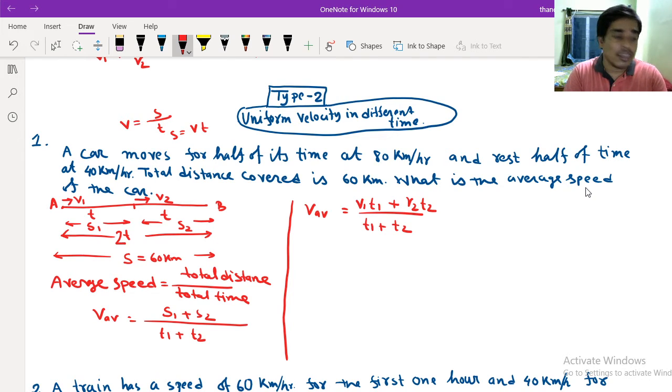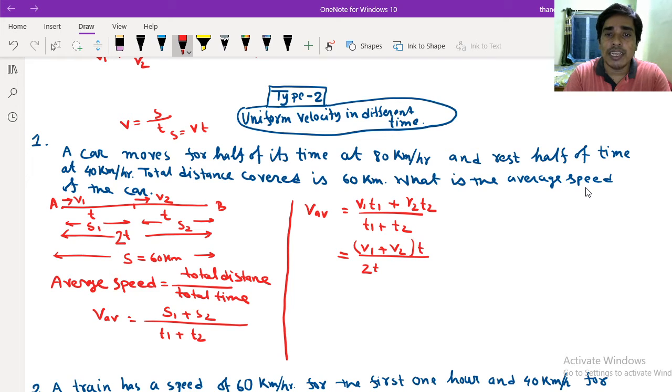Here T1 plus T2 is the total time, that means total time is 2t. T1 and T2 are both equal, here is V1 plus V2 and total time, both are equal.